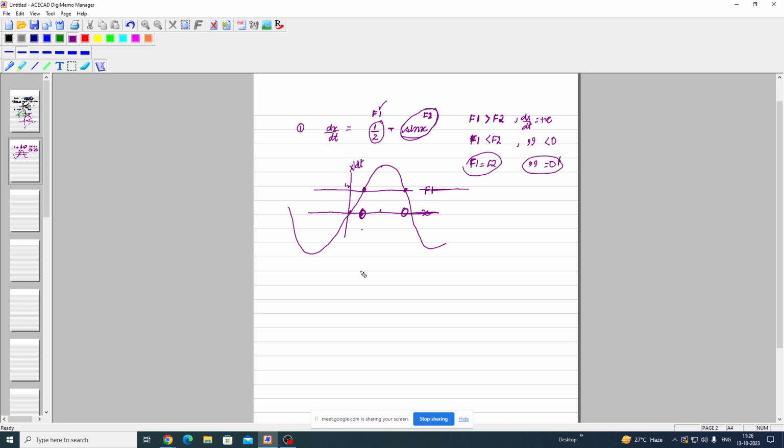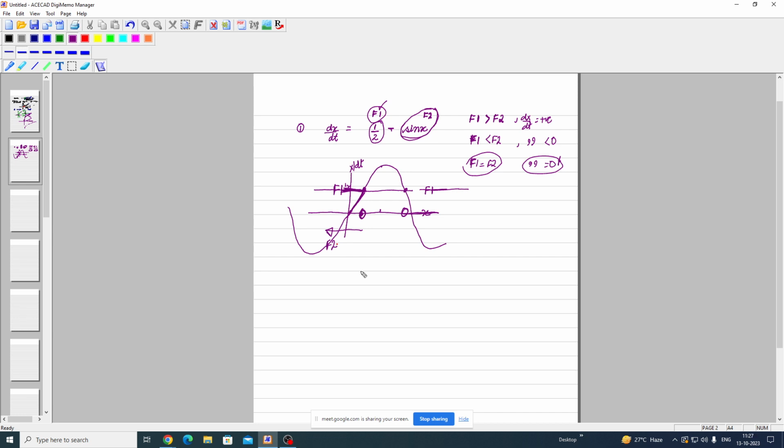To the left of this fixed point, in the neighborhood of this fixed point, the line, the constant, is above the curve, right? Which means function 1, remember this is function 1, is above function 2.